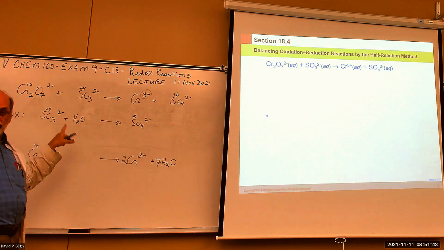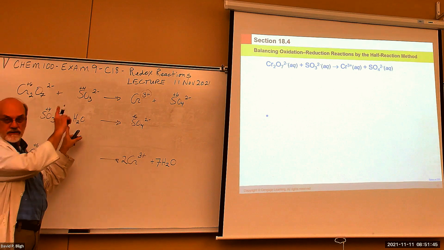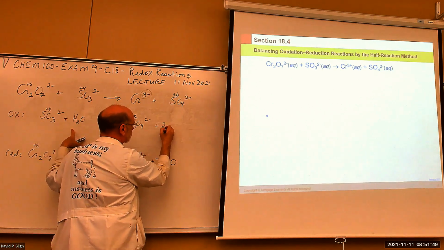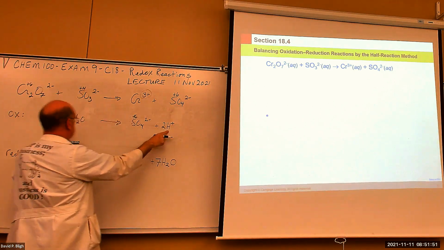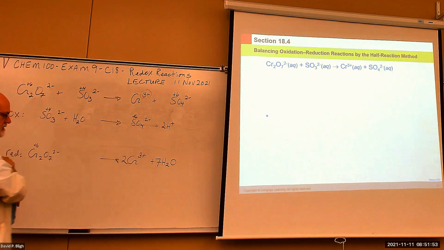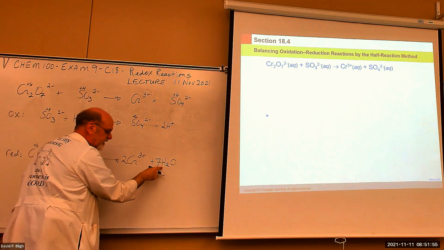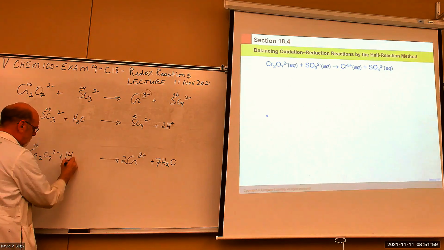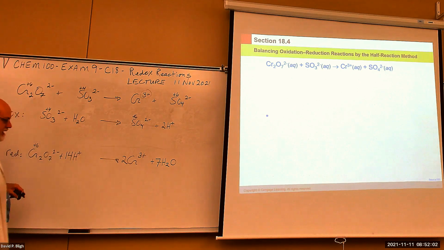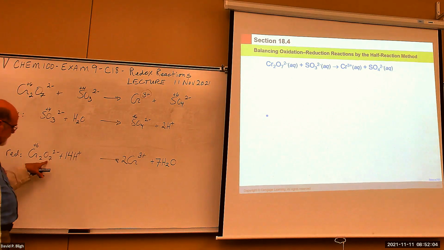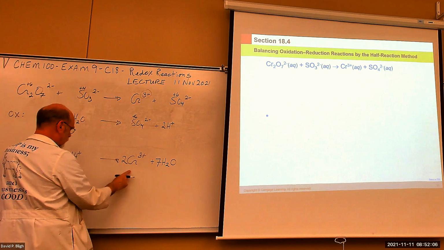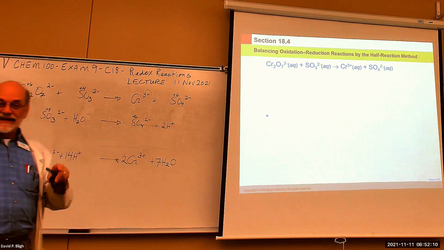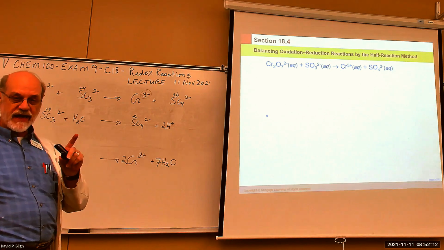Now we balance these 2 hydrogens with protons on this side. 2 hydrogens, 2 hydrogens. Here we have 14 hydrogens. Here we go. So now we have 7 oxygens here and 14 hydrogens here. Those are balanced. Okay. Next thing we have to do is balance the electrons.